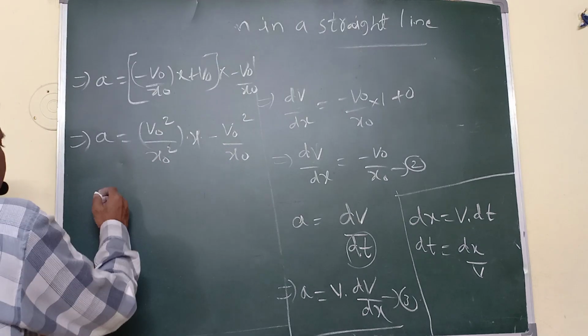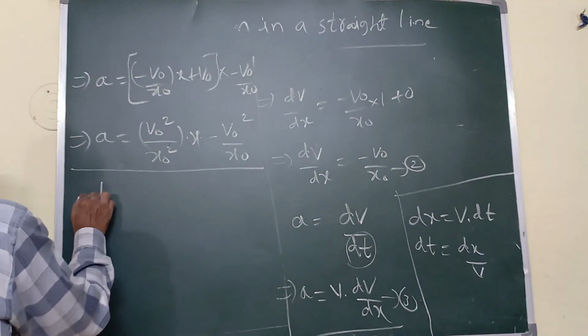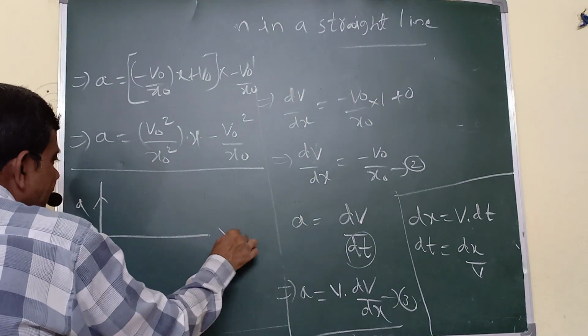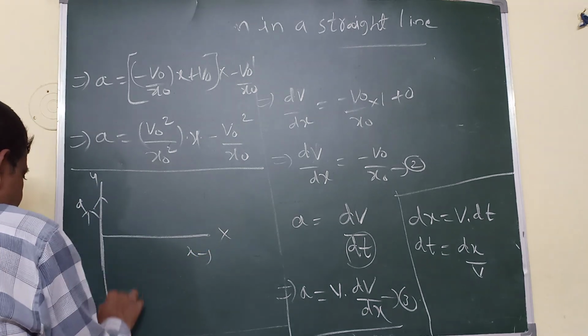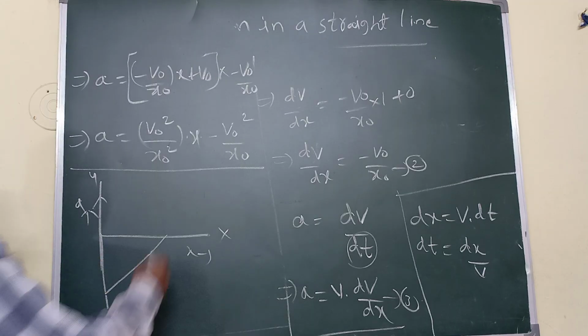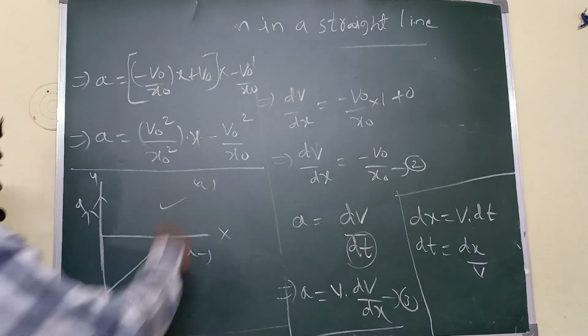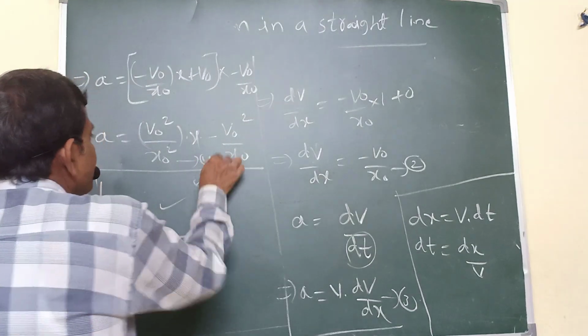So now I am taking option A. In option A, what is given? A graph: acceleration on the y axis, displacement on the x axis. Like this graph is given. This is correct. Why correct? Take this equation, equation number 4.